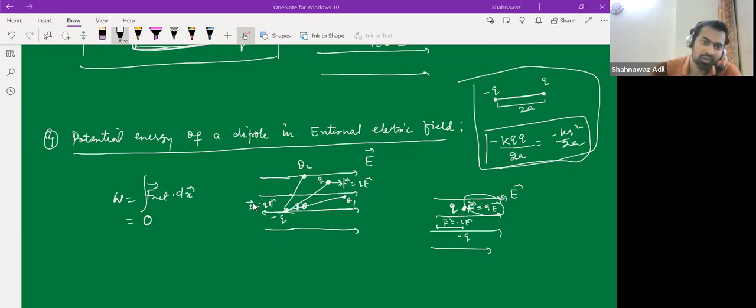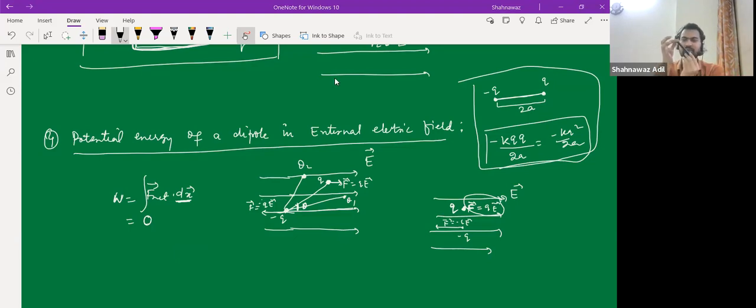For this part, there is no translational distance, because we are in uniform electric field and F net is zero. So there is no displacement in translational part. But we have a rotational one.